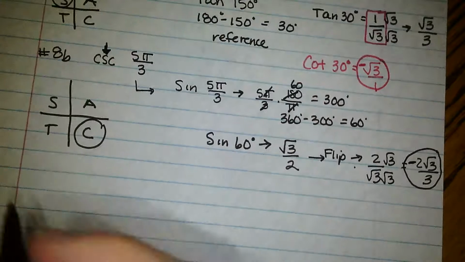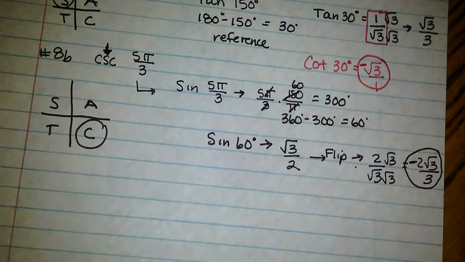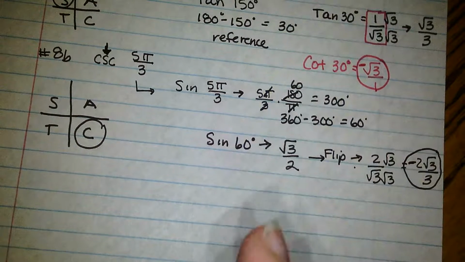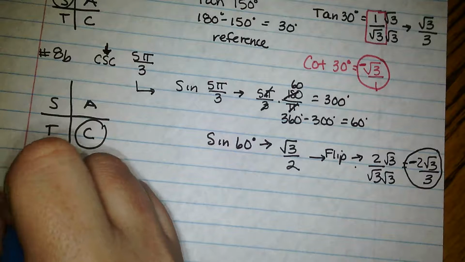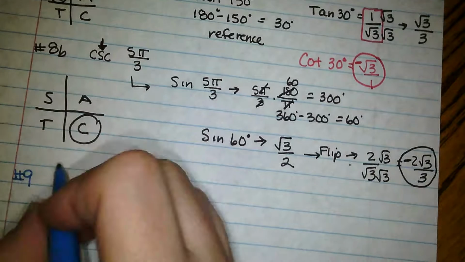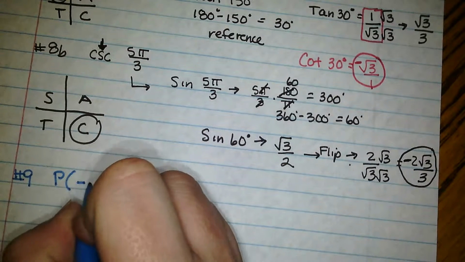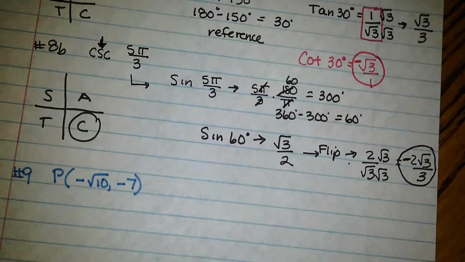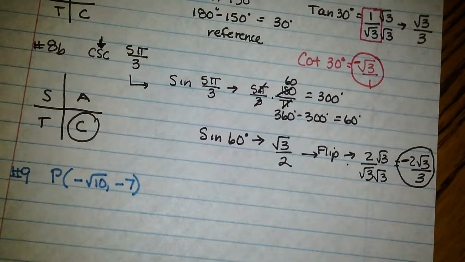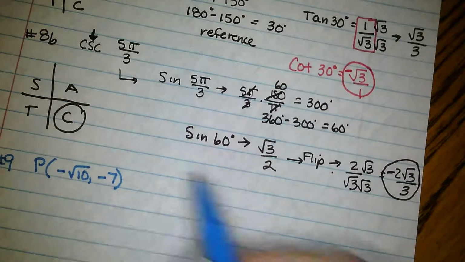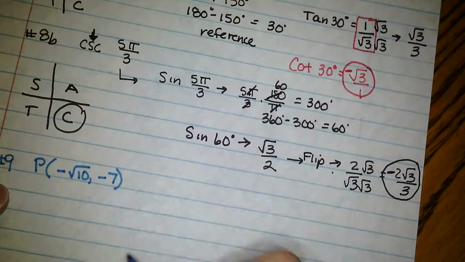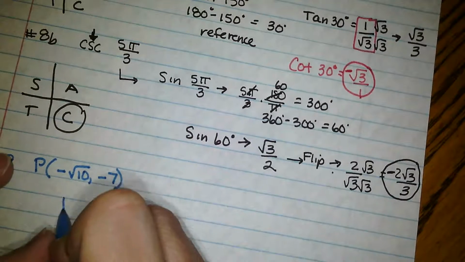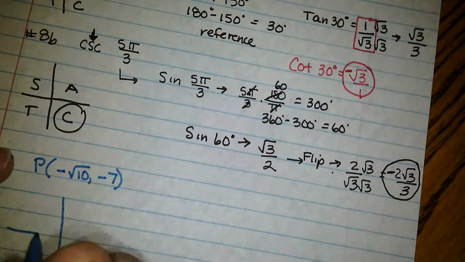All right, number 9. Let me change colors. Number 9 gives us a point P, which is negative radical 10, comma, negative 7, and it's a point on the terminal side of x, the angle in standard position. Find the exact values of the 6 trig functions. If I have to plot this, it isn't too bad to plot.